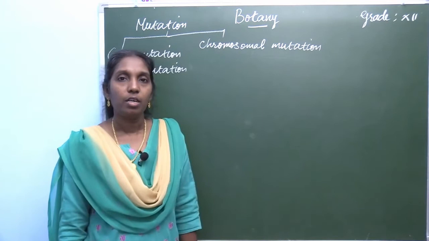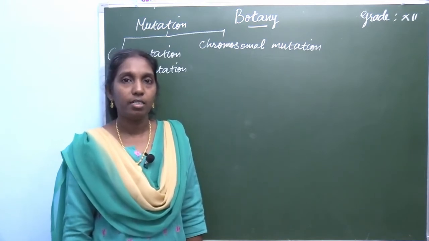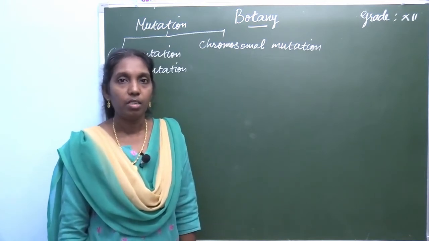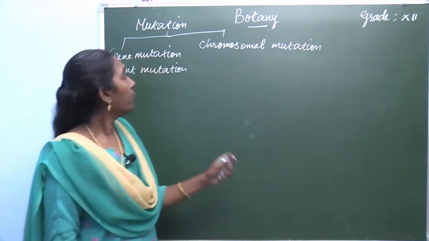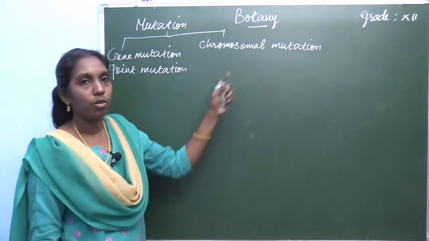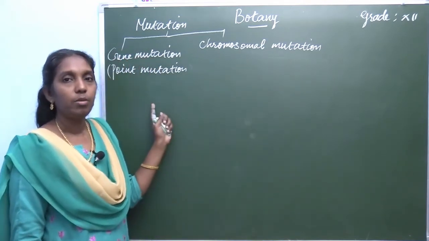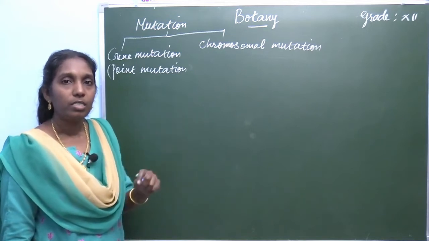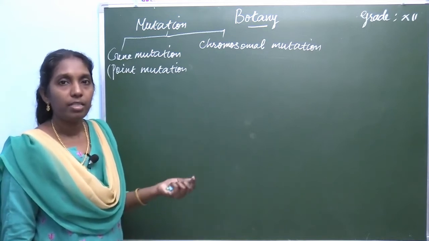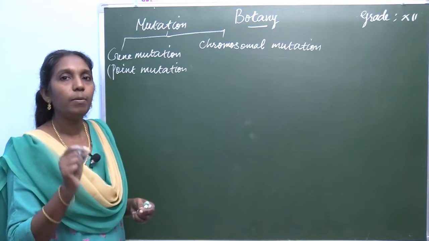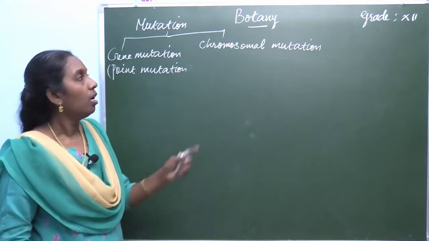Define mutation. Mutation is a sudden change within a chromosome. What's the difference between gene mutation and chromosomal mutation? Gene mutation takes place, or variations take place, within a particular gene.